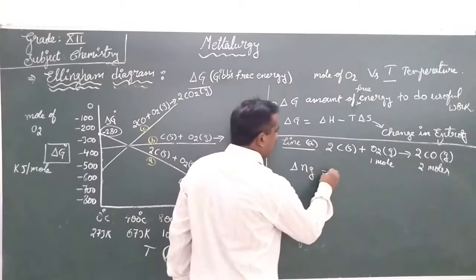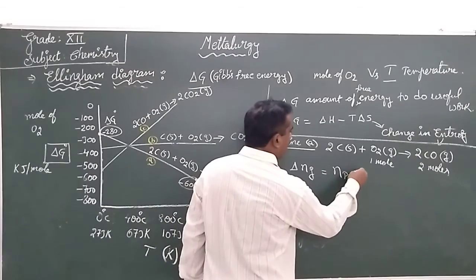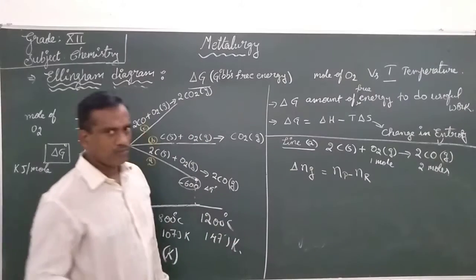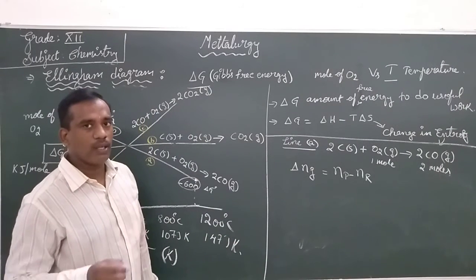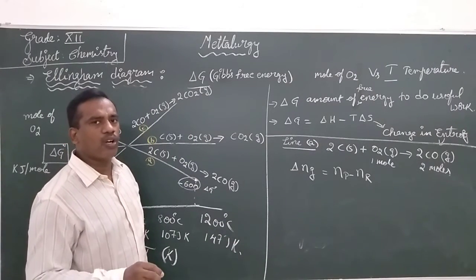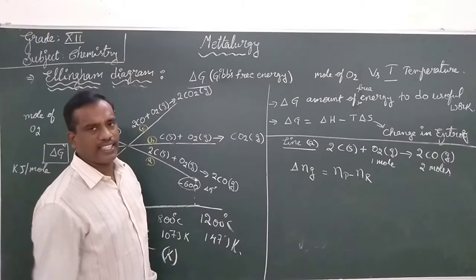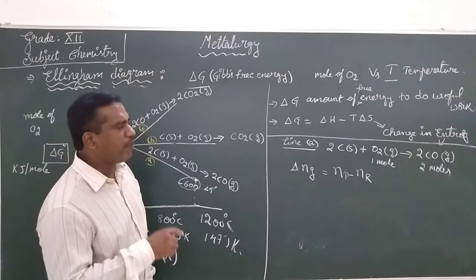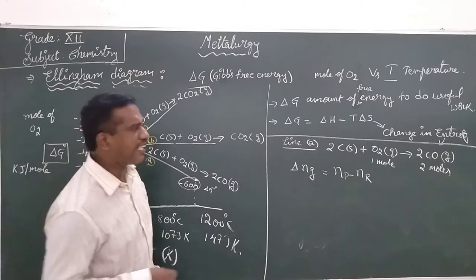It is given as number of moles of gaseous products minus number of moles of gaseous reactants.